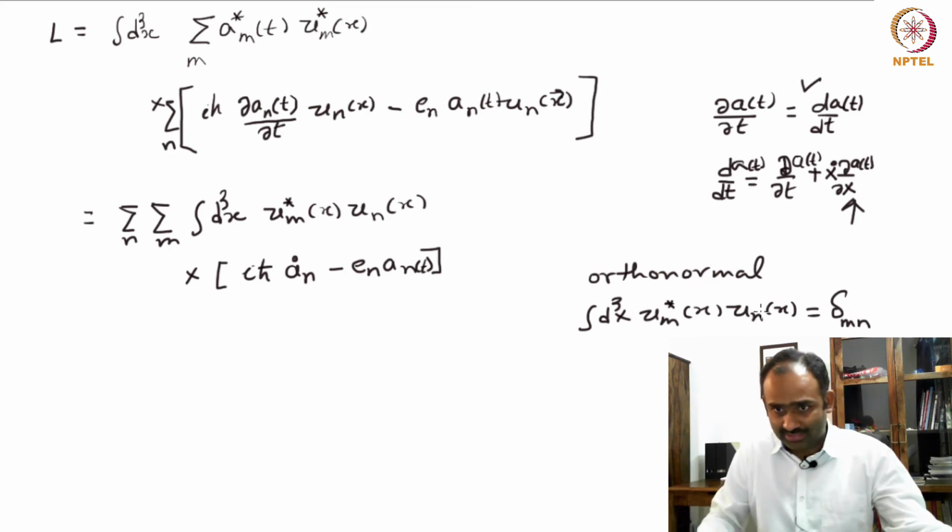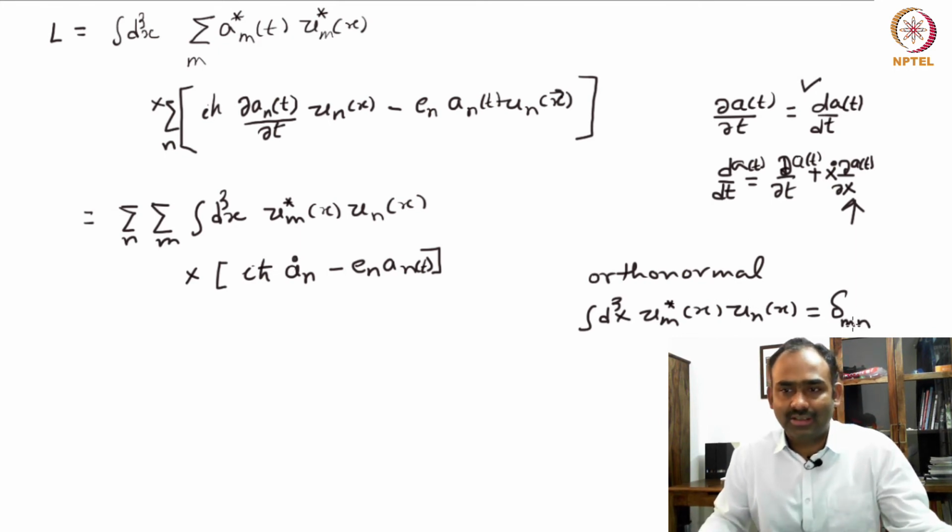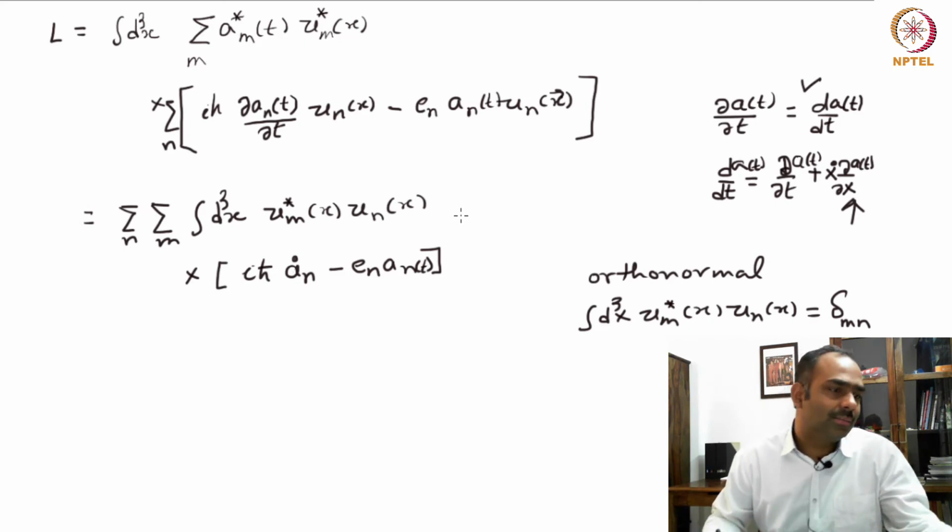If m and n are different, then because they are orthogonal, you get 0. So, that is the condition we have, which if I put here, I replace this piece with delta_mn.